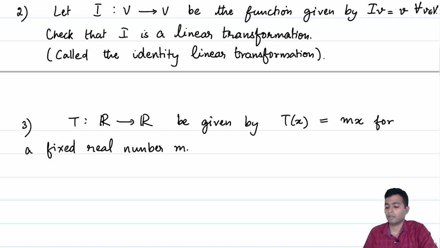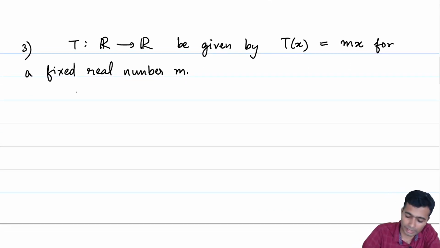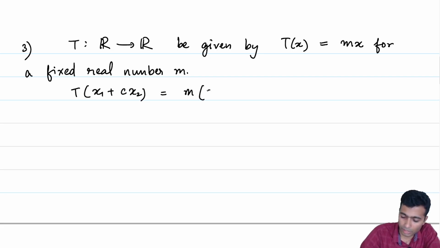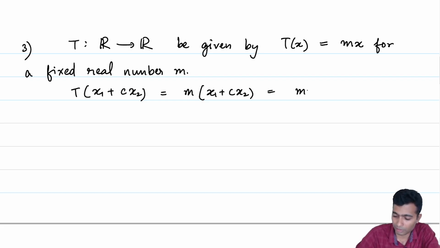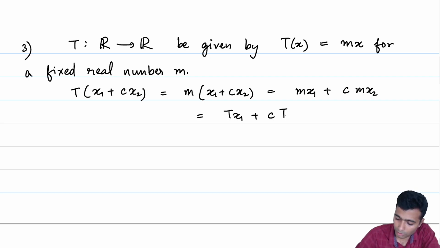Then T will be a linear transformation. So just to quickly check that, T of x1 plus c x2 will just be equal to m times x1 plus c x2, which is equal to m x1 plus m c x2, which I will write as c m x2, which in particular is T of x1 plus c times T of x2.